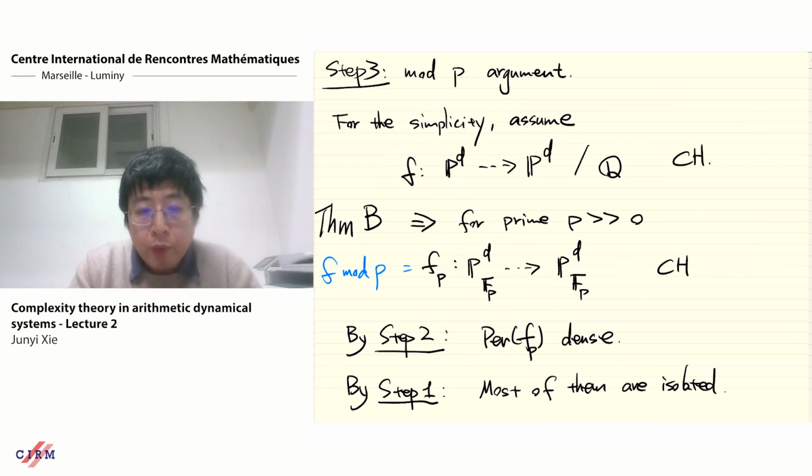And now we apply our step one. It shows that most of the periodic points we get in this step are isolated. So it shows that there are a lot of isolated periodic points in the special fiber.